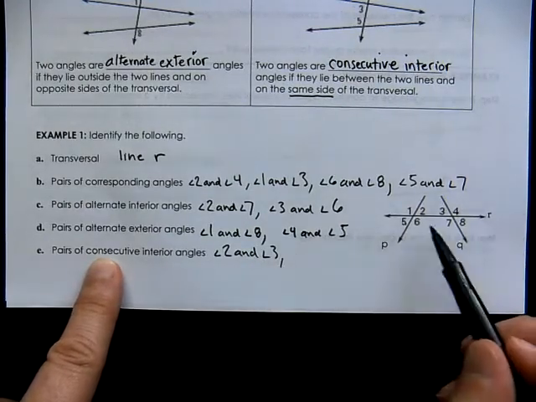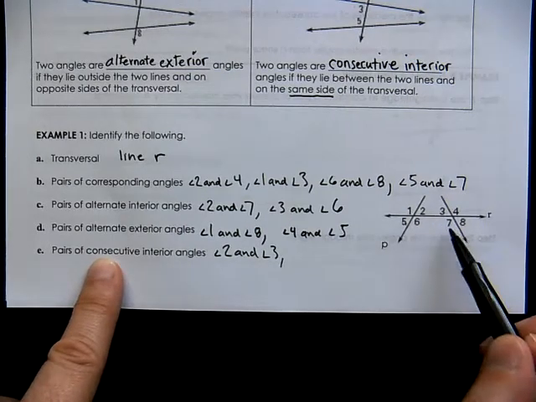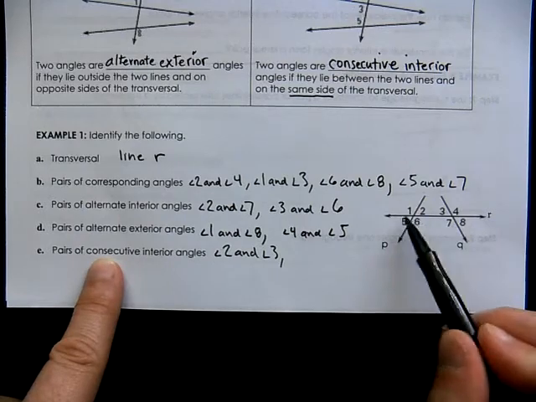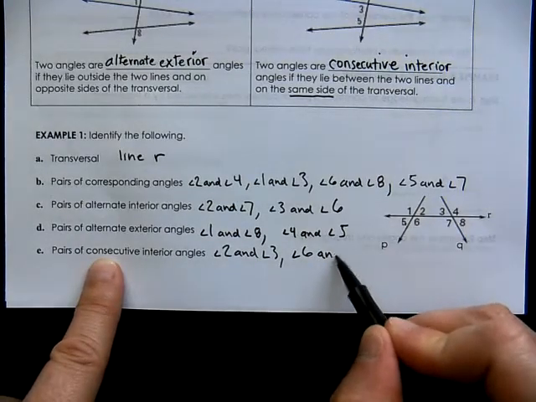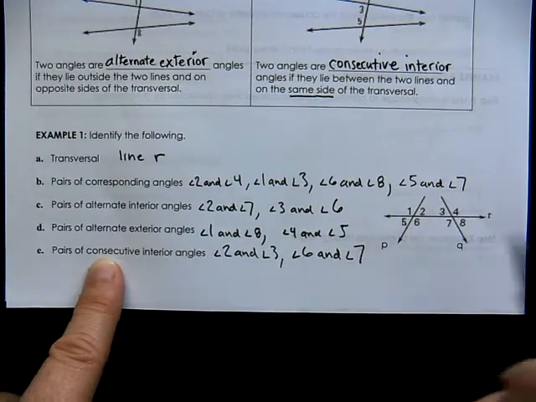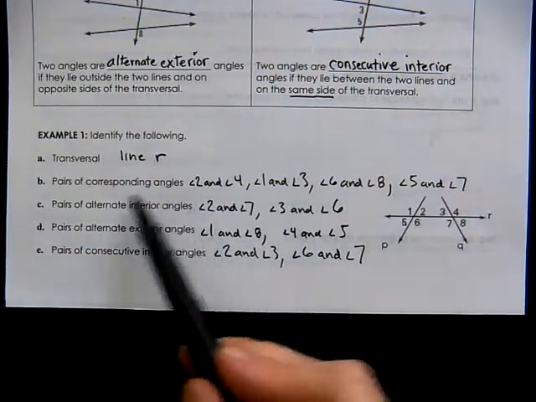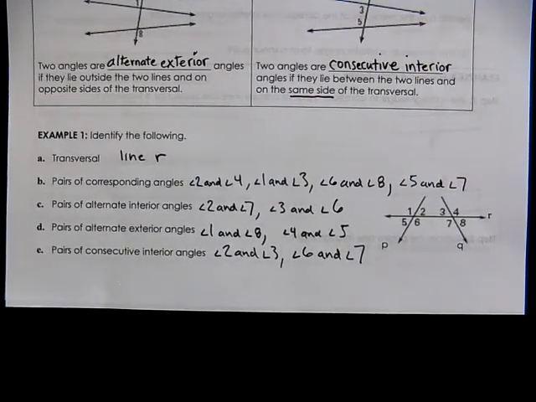And then the other example is angle 6 and 7. Again, one angle touches line P, one angle touches line Q. Both angles are below, they're on the same side of the transversal. So to finish that off, angle 6 and angle 7. So you can see with corresponding angles there are 4 possible pairs, and with the other 3 types there's only 2 pairs to be found.